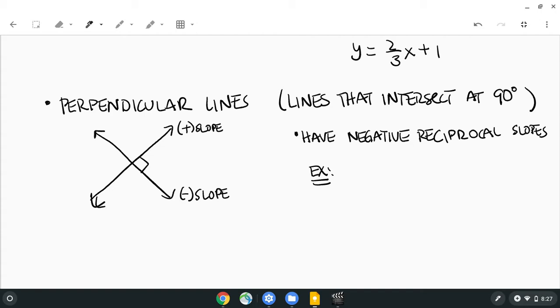If one of them is 2/3 x plus 5, then the other one, this right here, is the negative reciprocal. So opposite sign, and we're going to flip this. So negative 3/2. And here, if you have the same y-intercept, that's fine. The only thing here is that the slopes have to be negative reciprocals, opposite signs and flipped. And it doesn't matter about this.